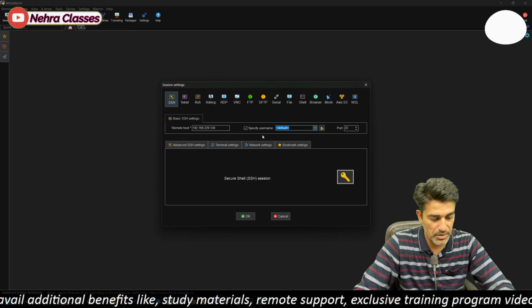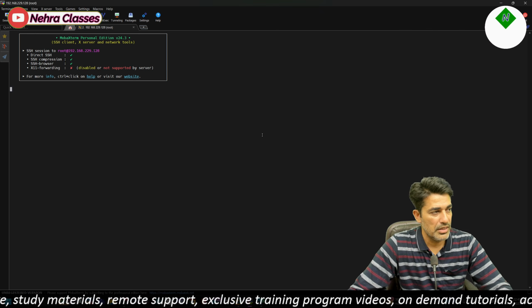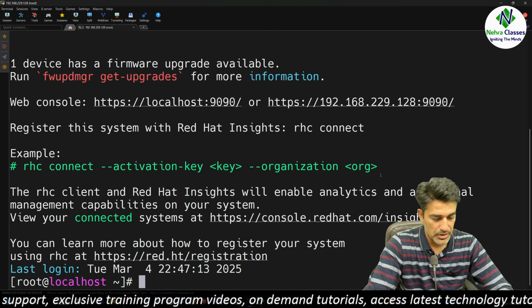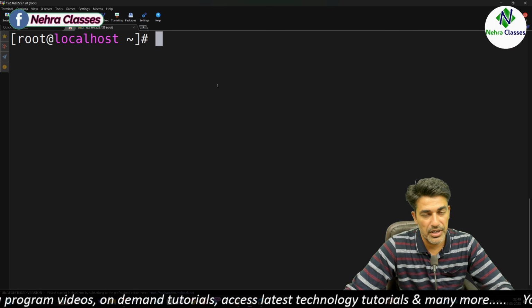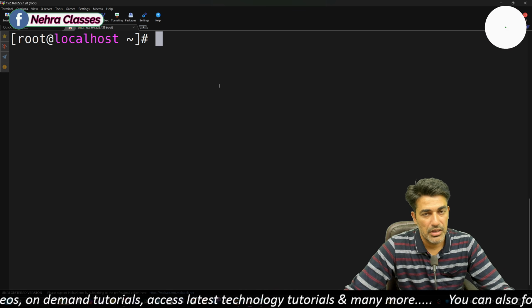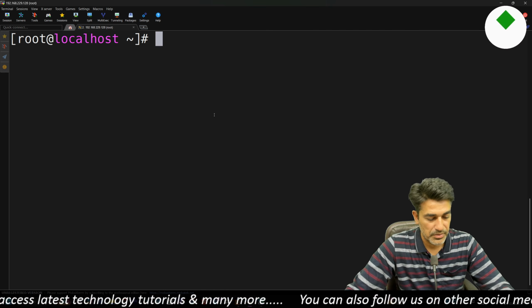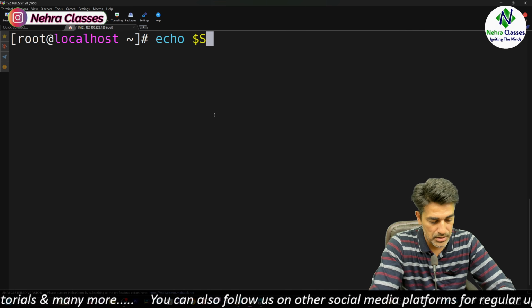You can specify the username and you can easily log in into your machine remotely. So this is the same machine, but we are logged in from a tool called MobaXterm. Okay, let me show you the shell.